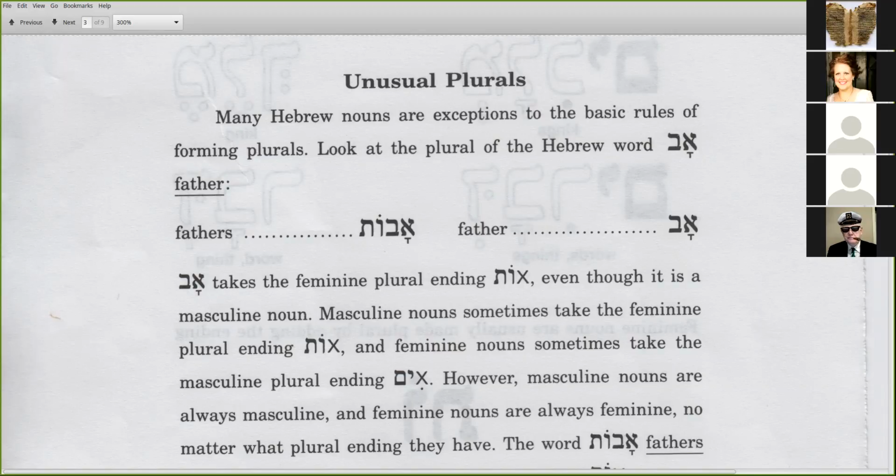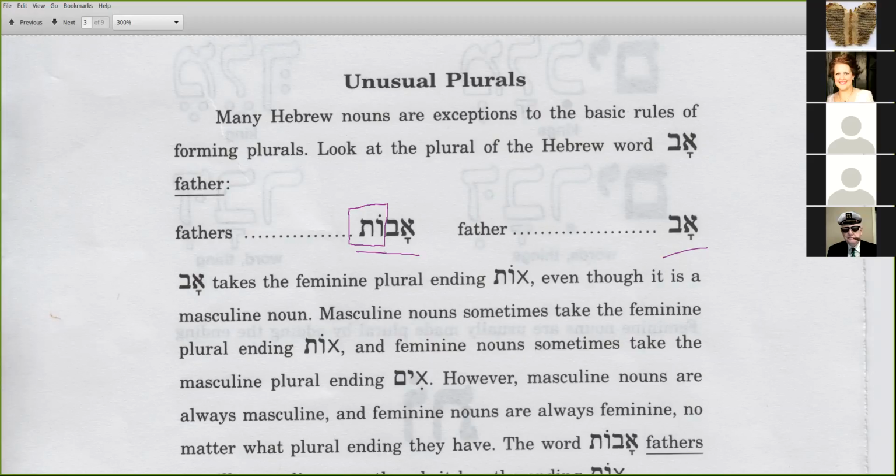But I can't get into that right now. You'll have to come to one of my studies that are beyond the scope of this. But notice this. We have av, but if we change to fathers, it has what is ordinarily a female plural suffix. Isn't that something?